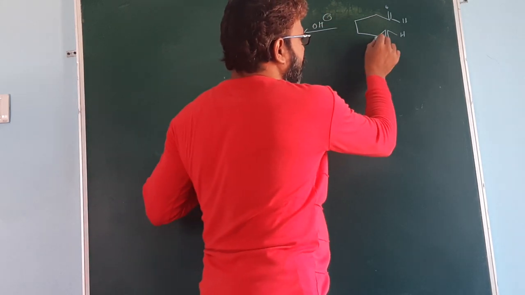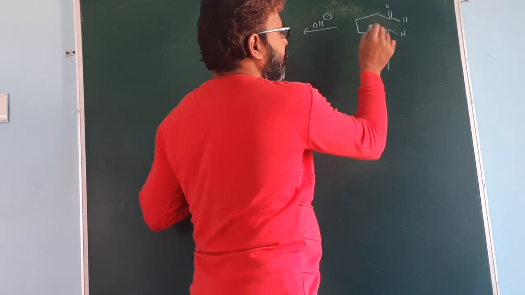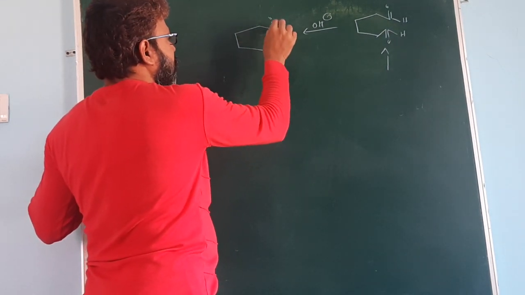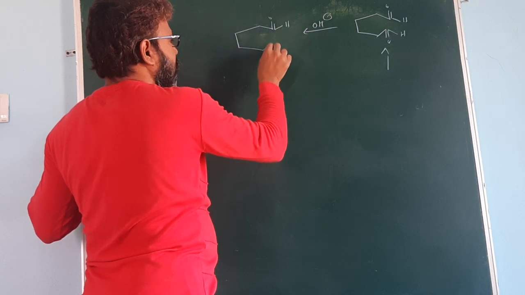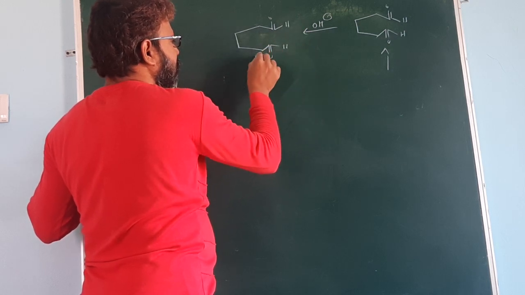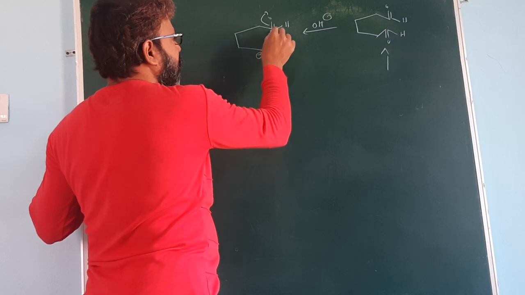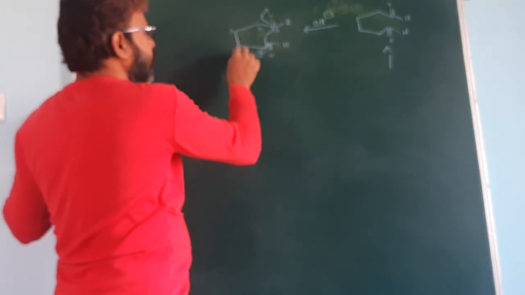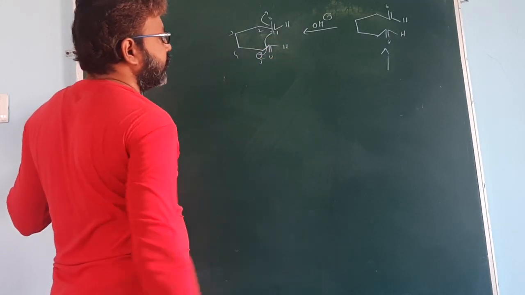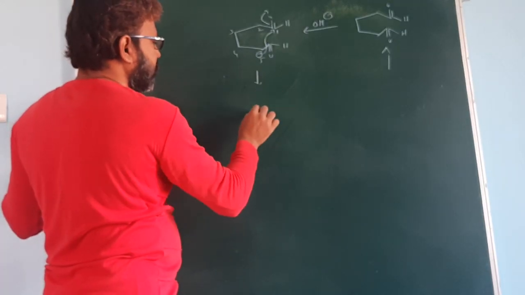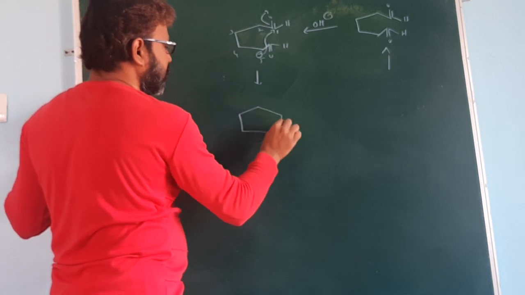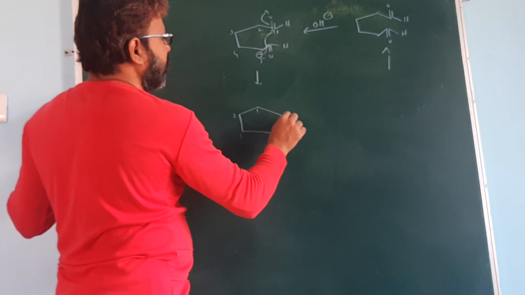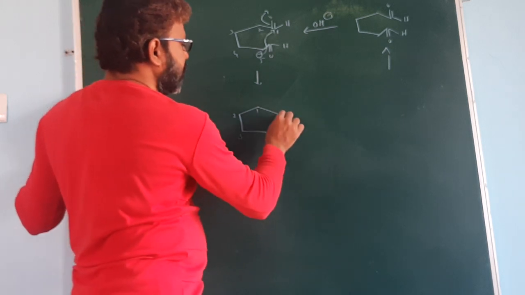So it has alpha hydrogen. Base abstracts the proton from this carbon. It is converted to carbanion. This pi bond electron shifted to here. It attacks here. You get 1, 2, 3, 4, 5 member ring. So it is a 5 member ring.